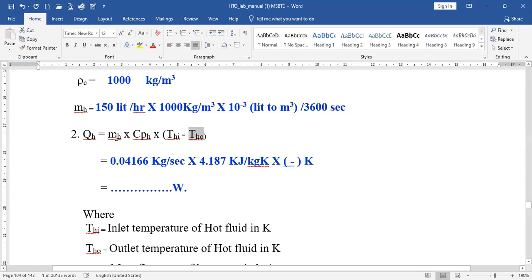So we can write the mass flow rate in kg per second, the Cp value in kilojoules per kgK, and the temperature difference after conducting the experiment. On the basis of this temperature observation, we can calculate the Q value in watts, that is, in joules per second.